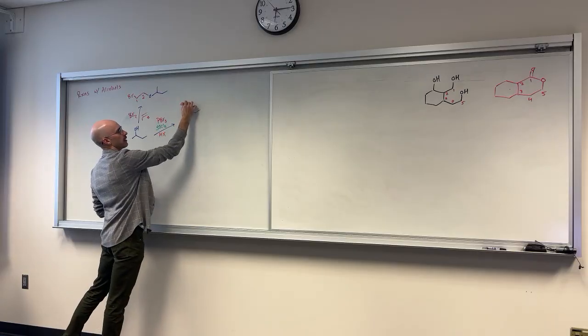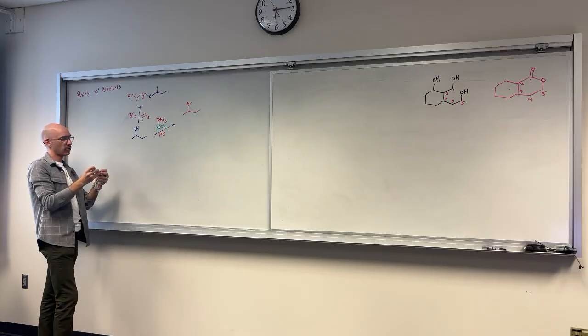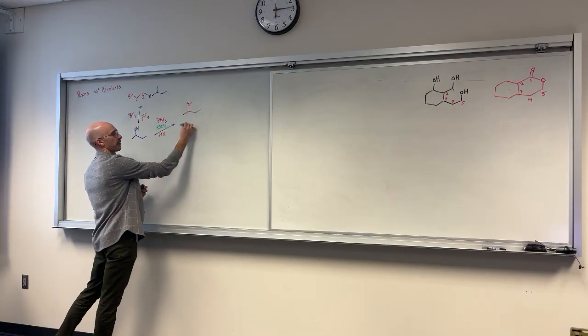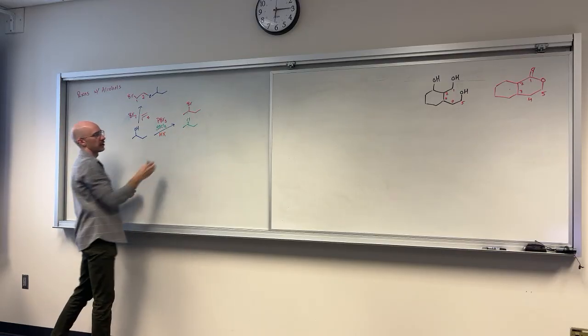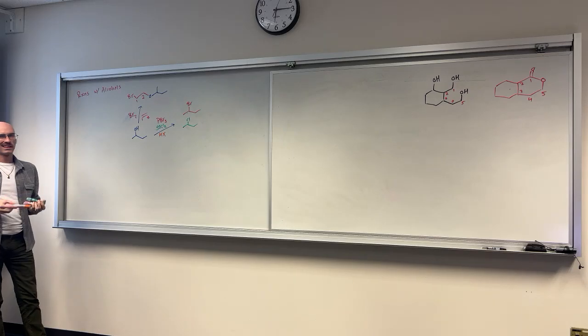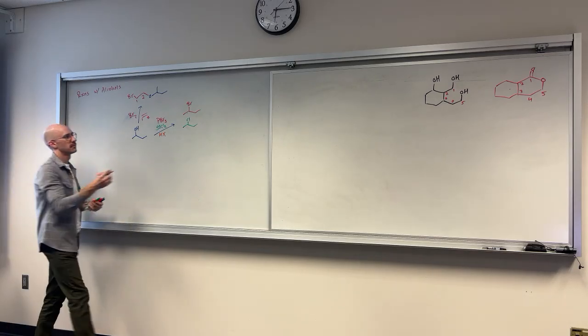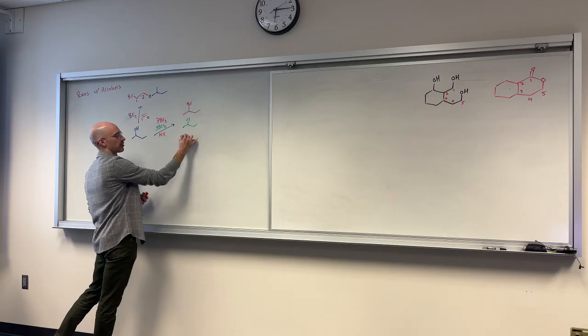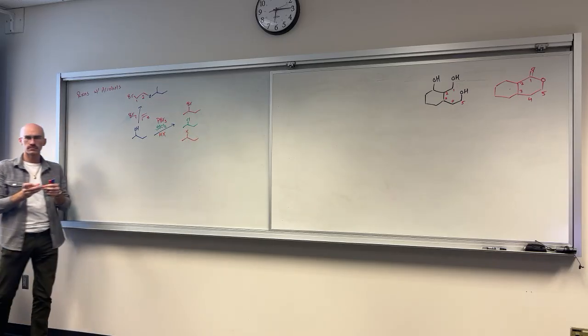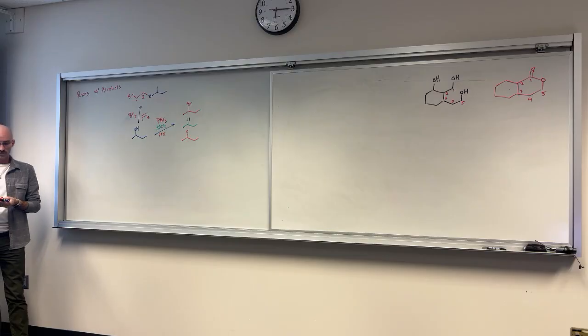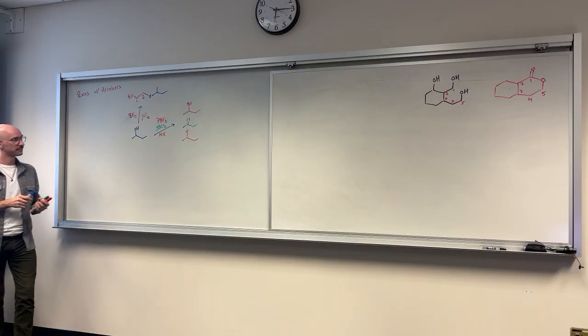PBr3 substitutes my alcohol for a bromine. Thionyl chloride, SOCl2, substitutes for a chlorine. And then based on the nature of my X, my alcohol is substituted for a halogen there as well. OChem1, correct? Reactions we've seen already, correct?